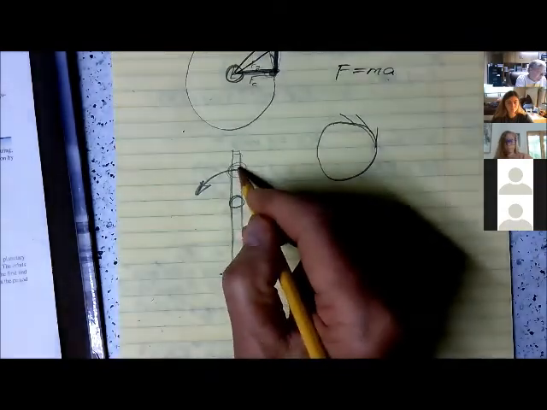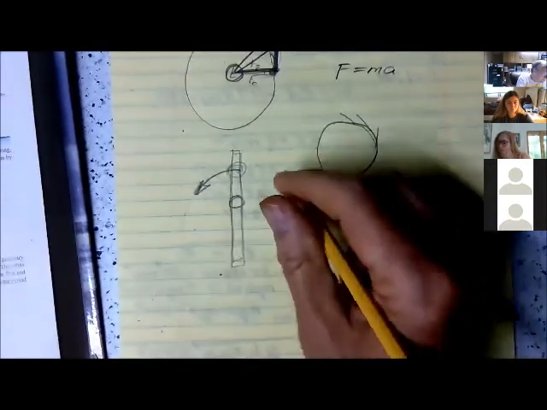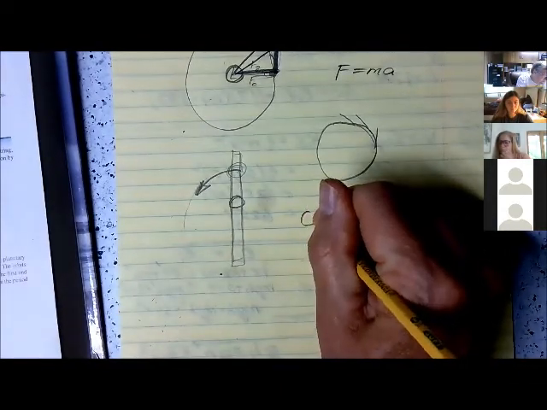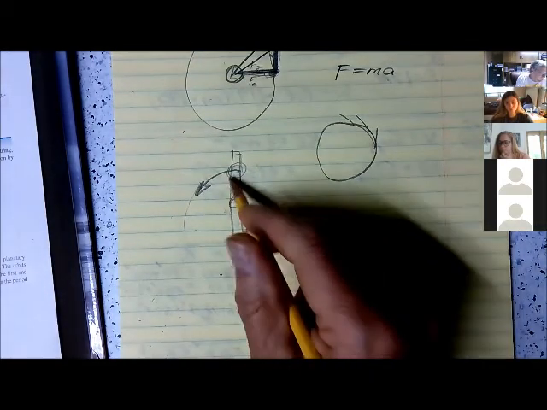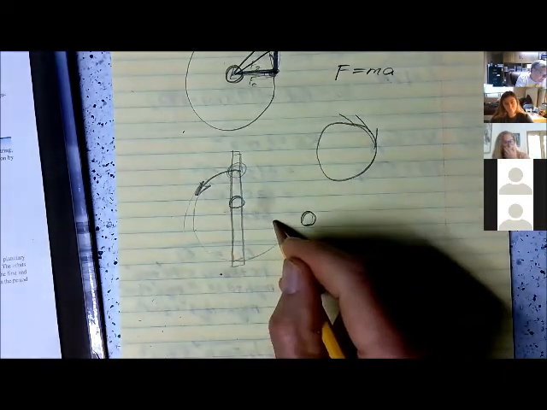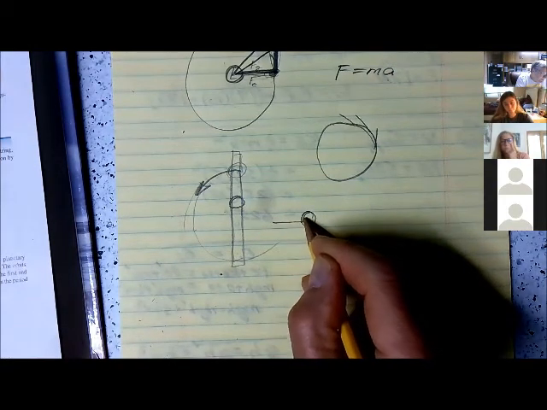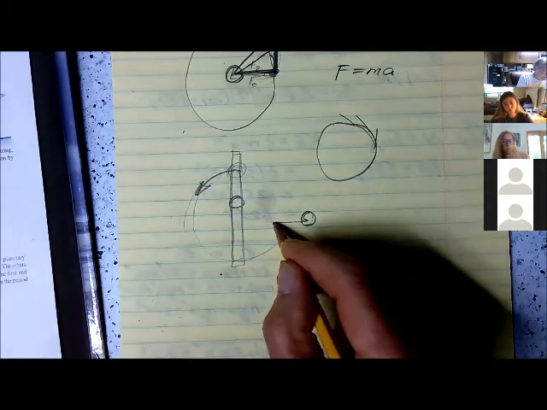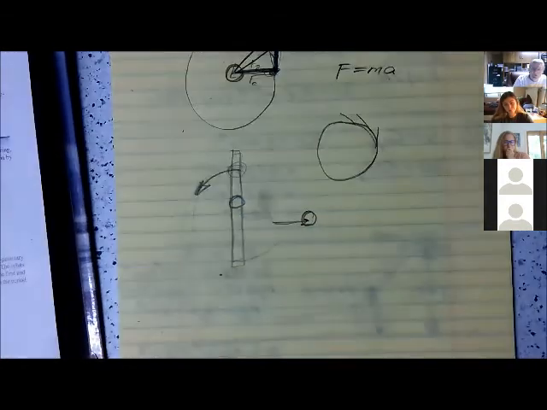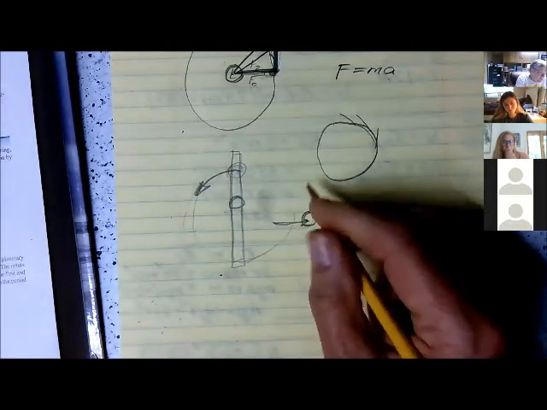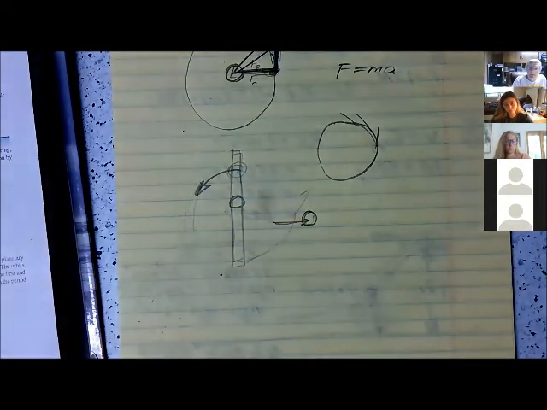You try to throw a crumpled piece of paper into the garbage can as you're going around, but unless you are smart enough to adjust for your motion, you're always going to wind up missing. That's what centrifugal force is.